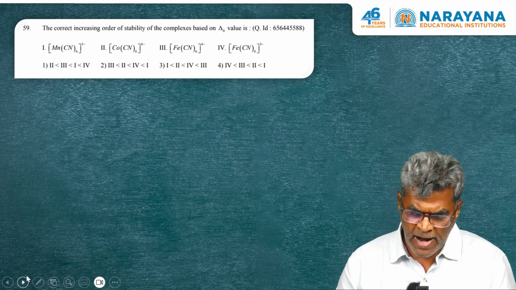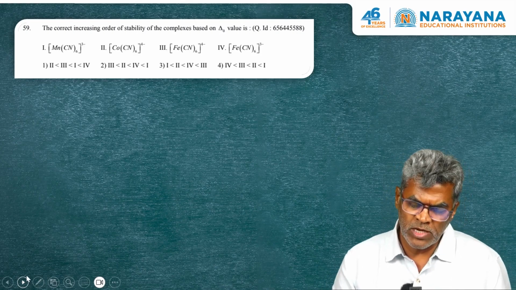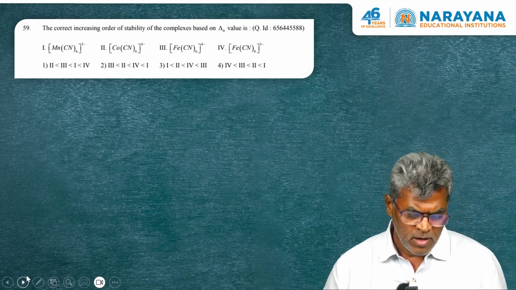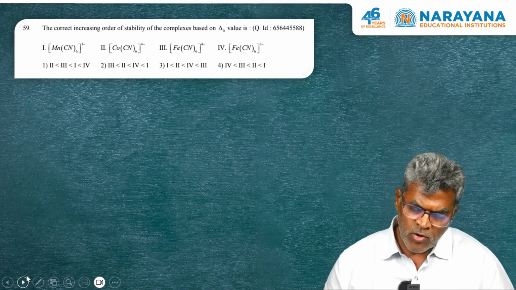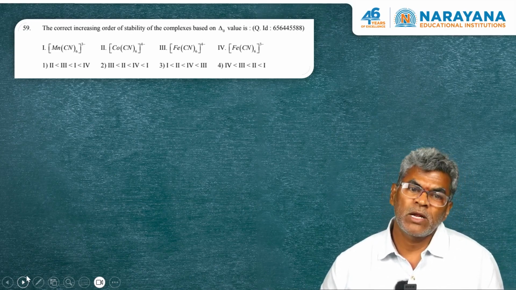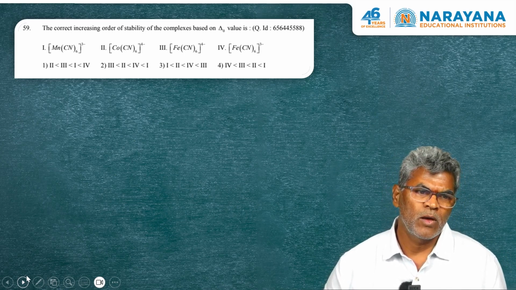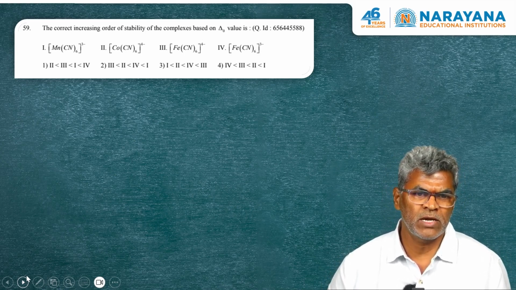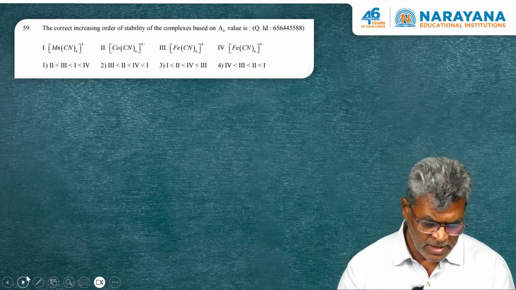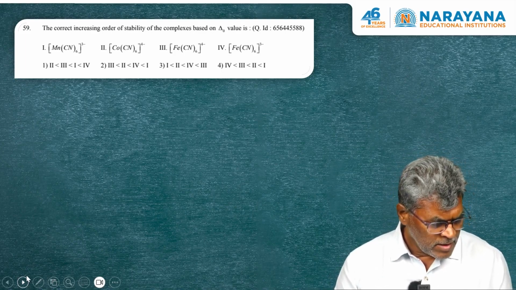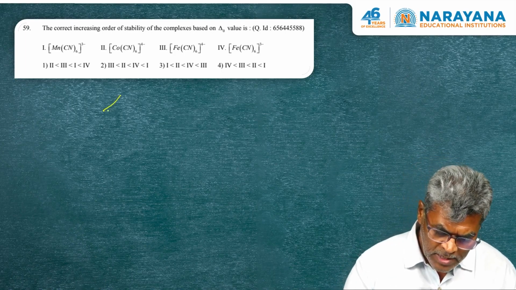Next, the stability of the complex compound. You need to write the inner shell complexes and outer shell complexes here. Since cyanide is a strong field ligand, all are inner shell complexes only. For inner shell complexes, you need to write the delta naught value for each complex.